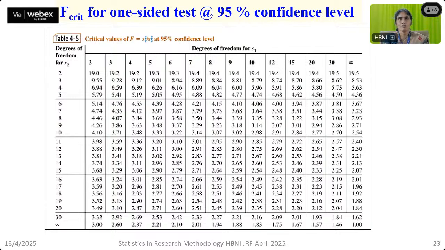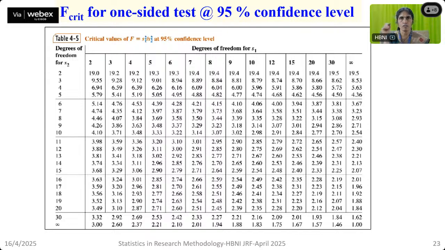The critical values of F from one of the literatures are shown here. Normally, when we have different degrees of freedom for numerator and denominator, the degrees of freedom of the numerator are arranged in different columns from left to right. Degrees of freedom for the denominator are arranged in different rows.